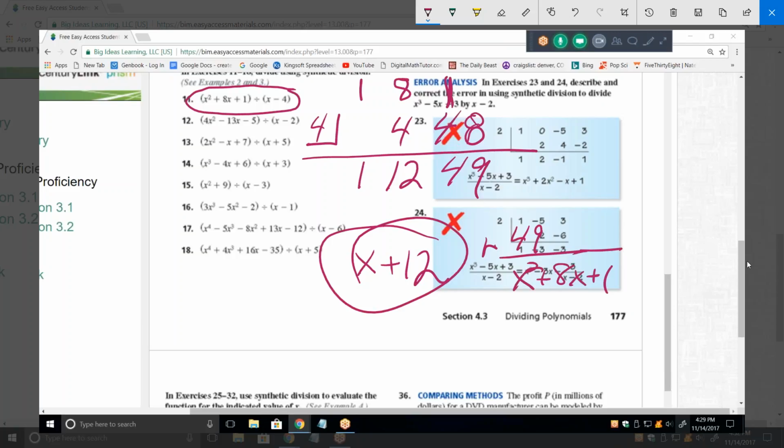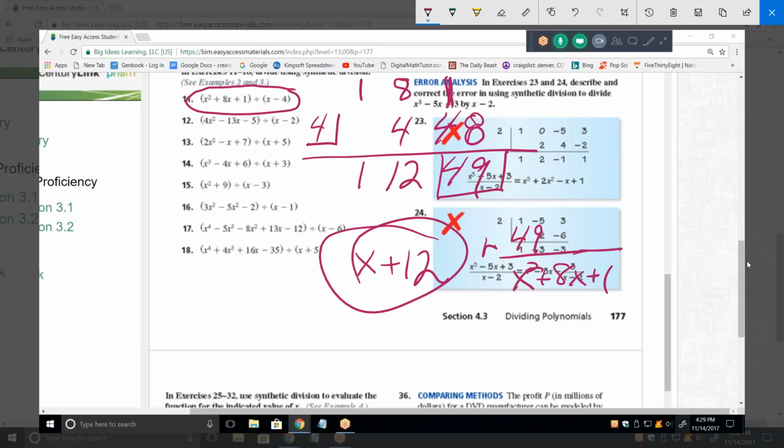And in fact, you will learn, if you haven't already, that for x minus 4 to be a factor of that polynomial, you've got to come up with a remainder of 0. It's called the zero remainder theorem.